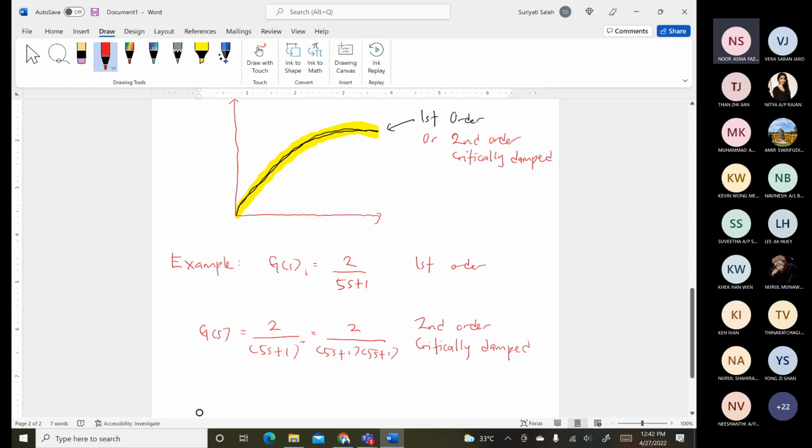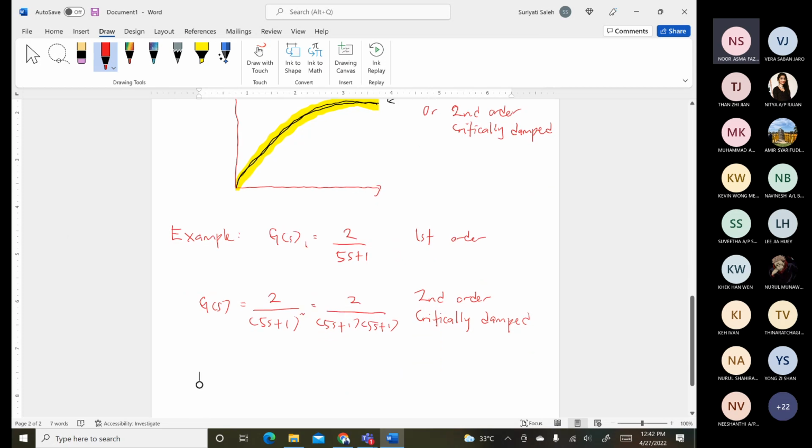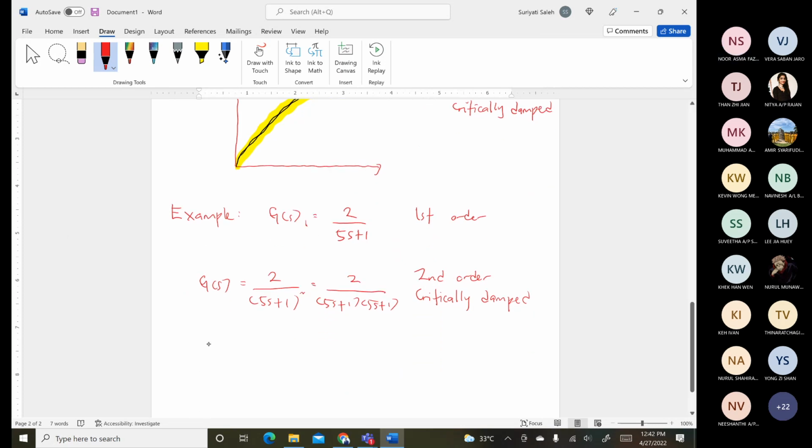And then for the overdamped, normally your denominator has two different tau like this. So this is second order overdamped.